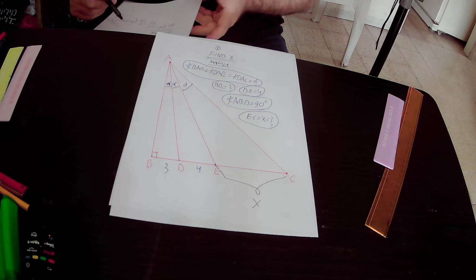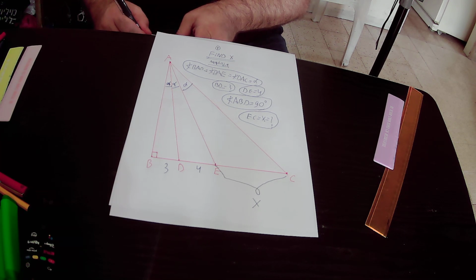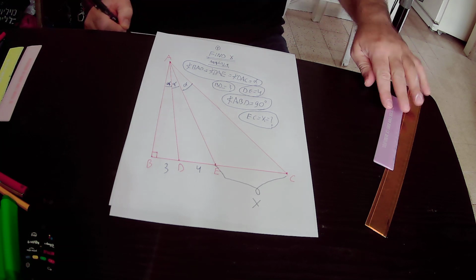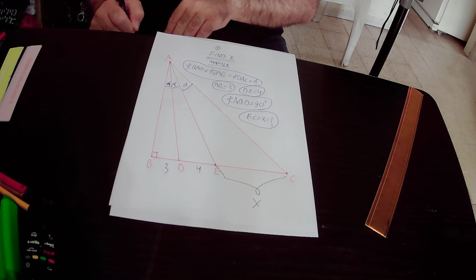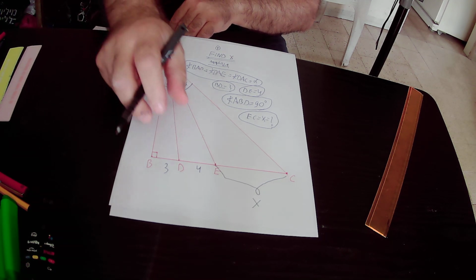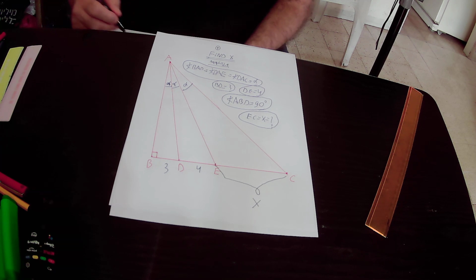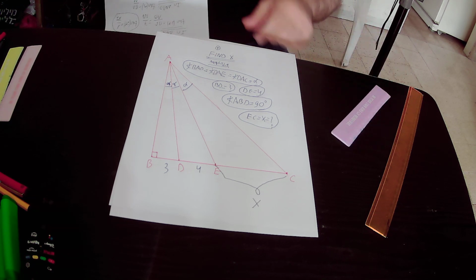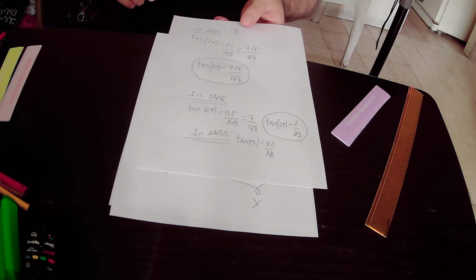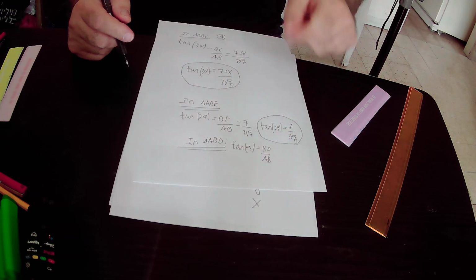On the right triangle ABD, we know that tangent alpha equals BD over AB.